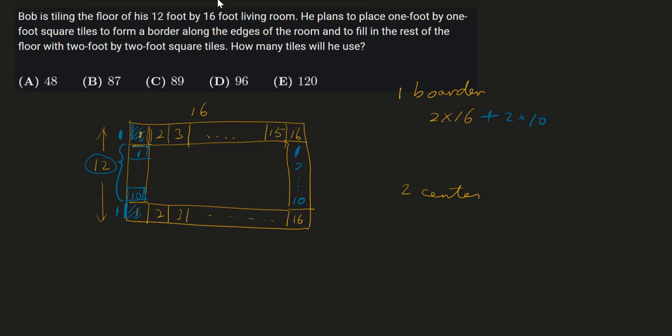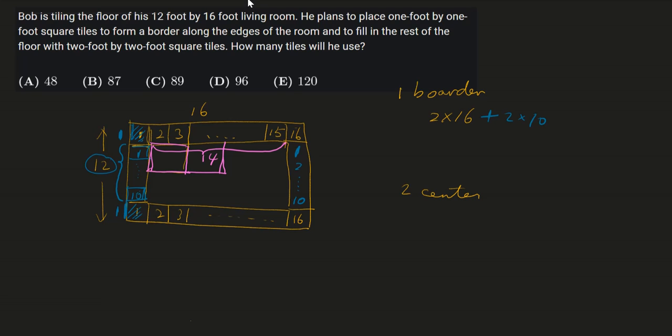That's the number. Now let's look at the center. In the center, he'll use larger squares. I'll use this color. He'll use larger squares. That's 2 by 2 and 2 by 2s. And what's the dimension of the entire center area? So that'll be 16 minus 2. That'll be this side.